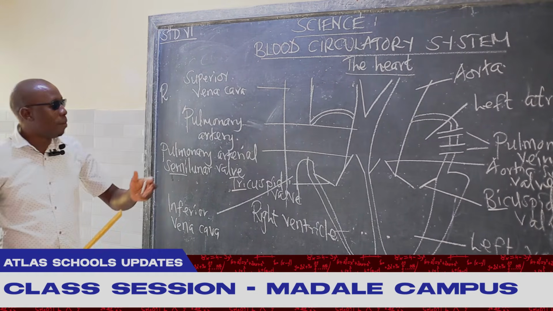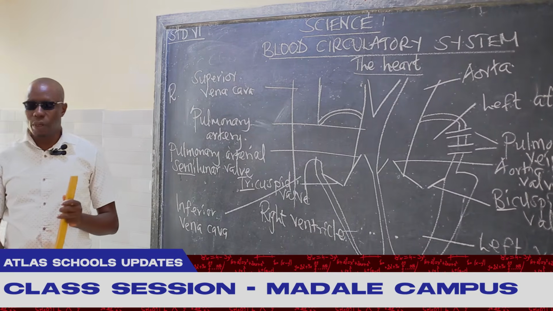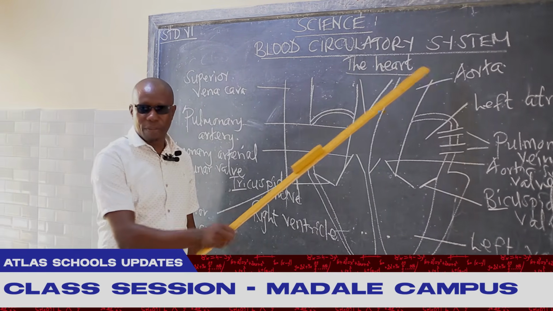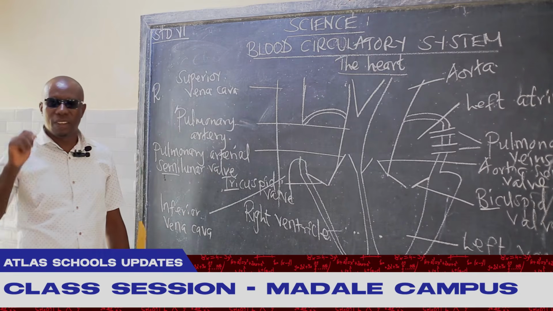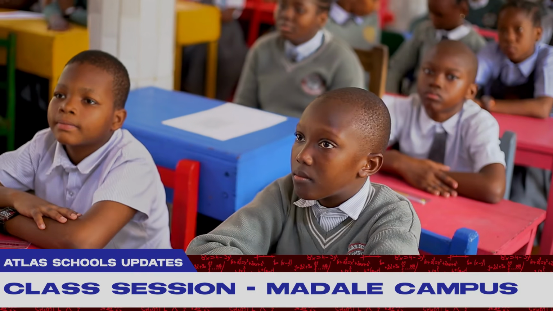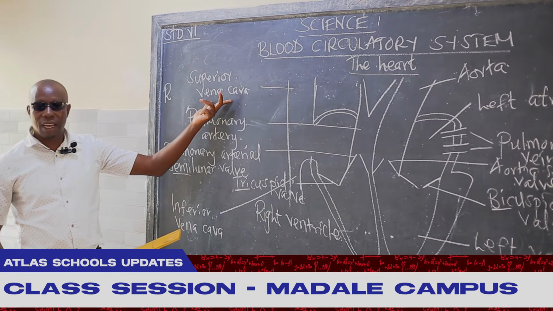Now get this about the vena cava and the aorta. The largest artery in the body is known as the aorta. That is the largest artery in the body, okay? Every other artery is smaller than it. The largest vein, the blood vessel which carries blood back to the heart, is the vena cava.